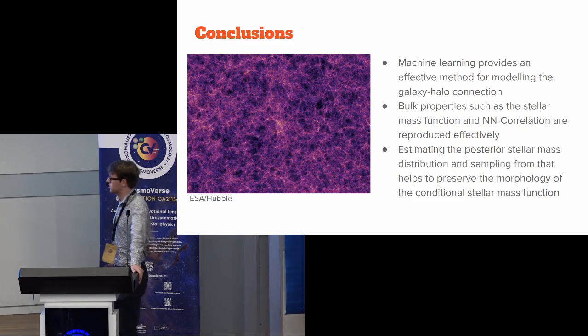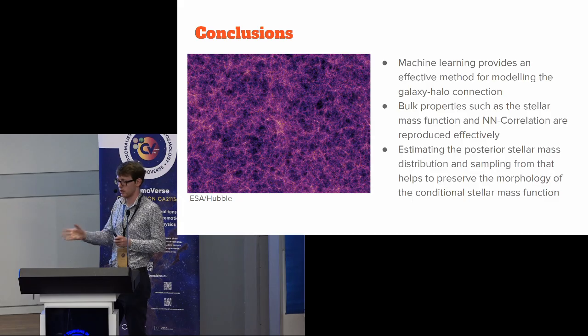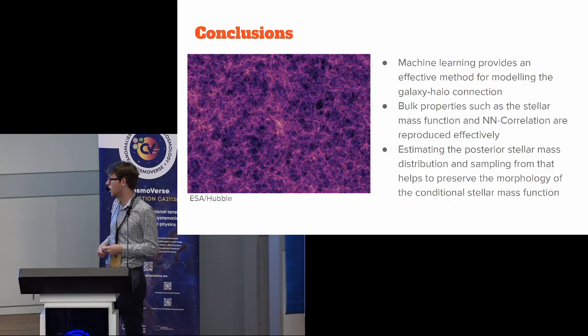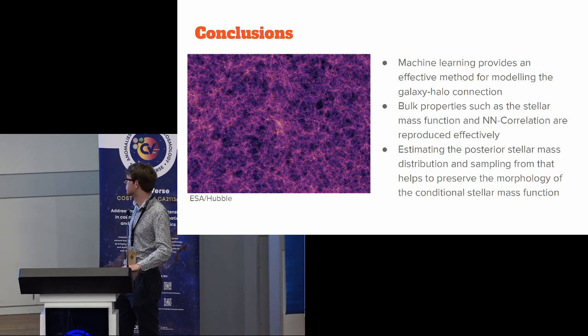So just to conclude, we find that machine learning is a really effective way of modeling that connection between halo dark matter properties and the stellar mass of galaxies that sit within those halos. And we're able to reproduce bulk distributions as well, like the stellar mass function and the NN correlation function.